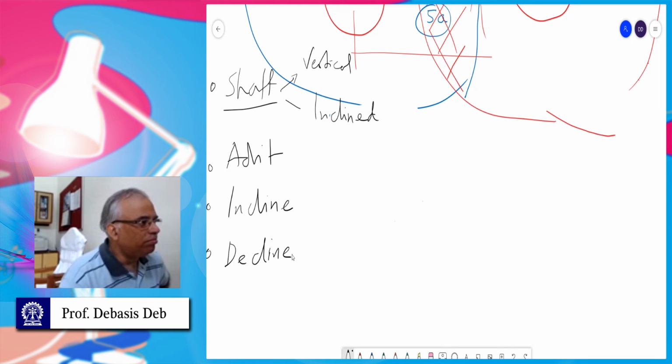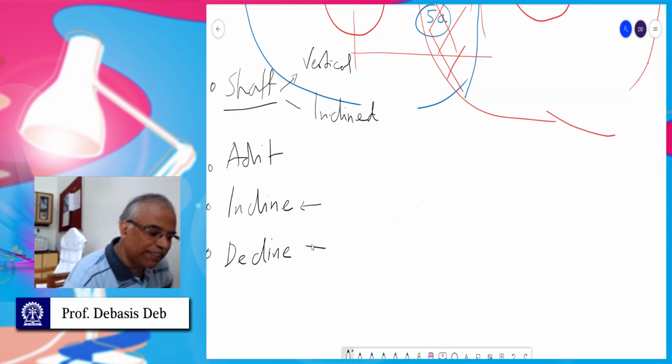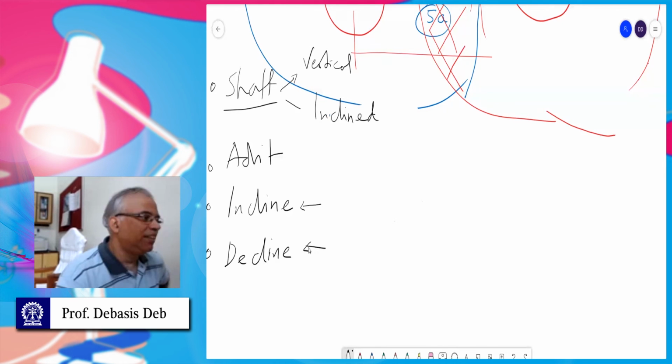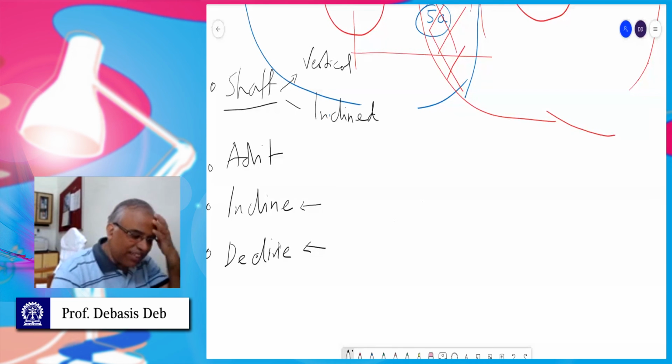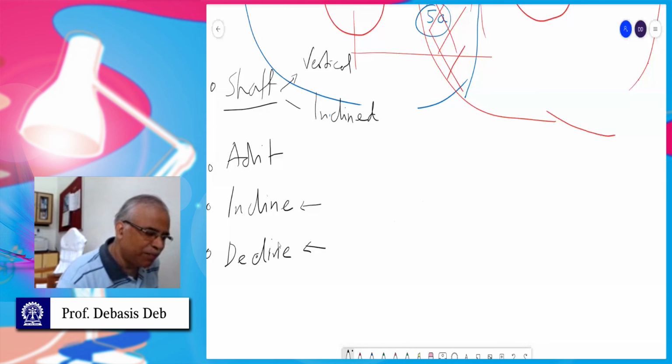Now you try to know what is incline and what is decline, properly. One time I asked a student and he said, sir, when we go underground, we use incline. When we come up, we call it decline. But that is not the definition. Now, decline is there also on the surface. You have seen the ramp they use in some railway stations.